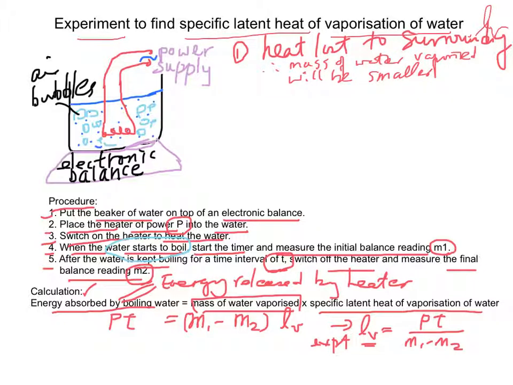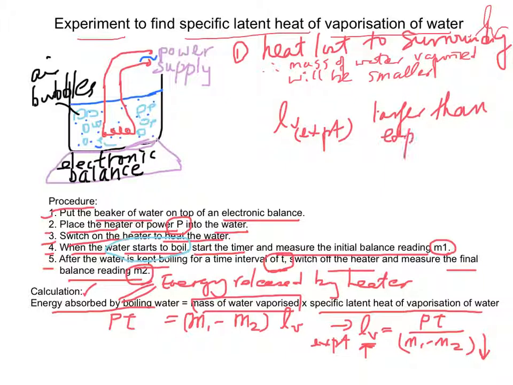In the equation, M1 minus M2 will be smaller. Therefore, the experimental value of LV will be larger than expected.